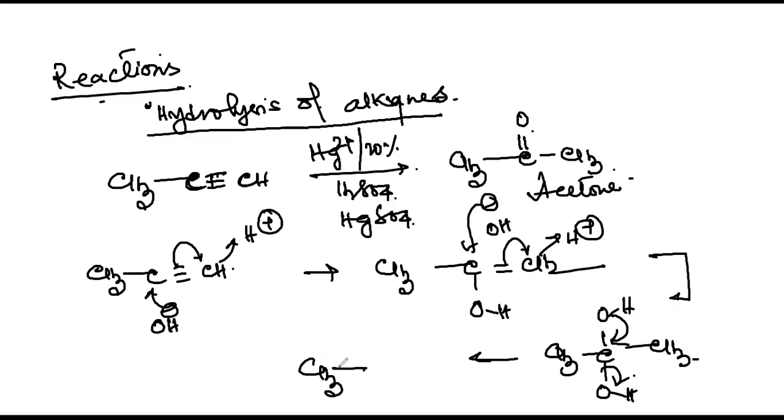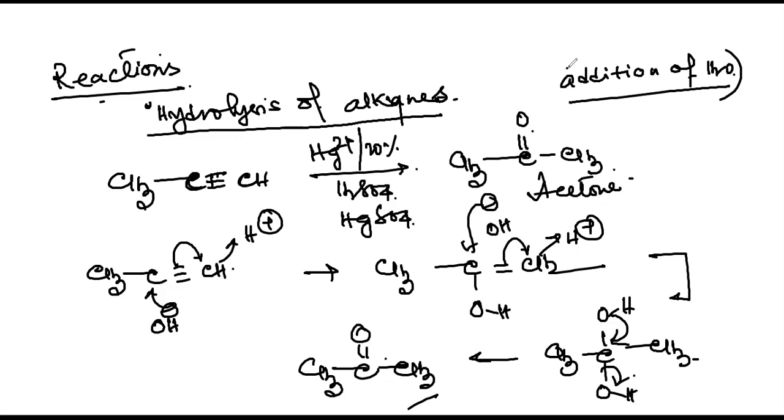That's why the structure is CH3, CO, CH3. You should see my previous video in which hydrolysis is done. In our previous video, we have done the entire hydrolysis procedure of all the organic compounds that are possible in your 11 and 12 syllabus. So this is the mechanism of hydrolysis, or addition of water.